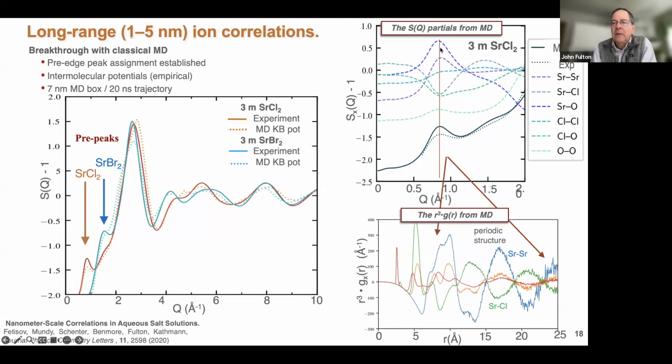Again, the strontium-strontium correlation and the strontium-oxygen, the water correlations are the major contributors here. And we see minor contributions from water-chloride. So that gives you a sense. You were saying that you have lithium. What is the counter ion in your system?